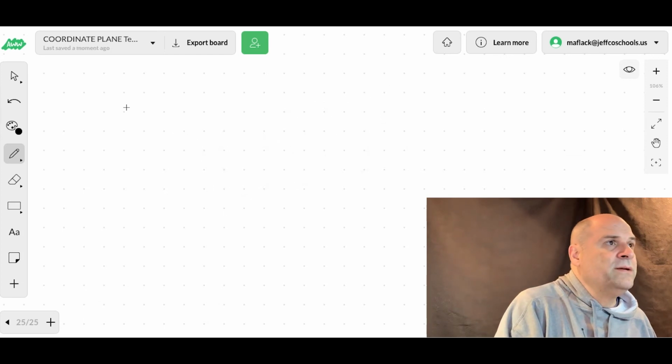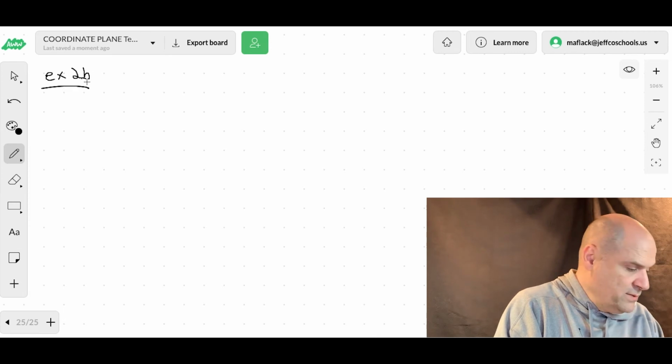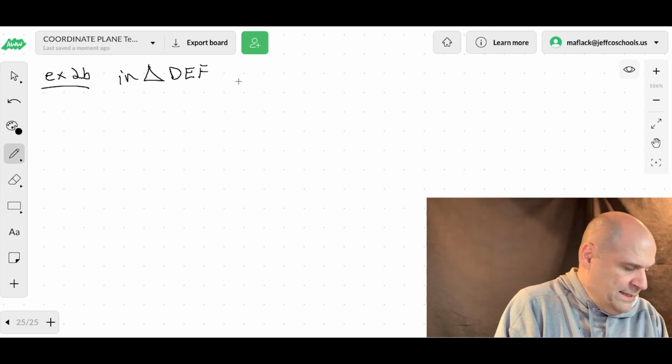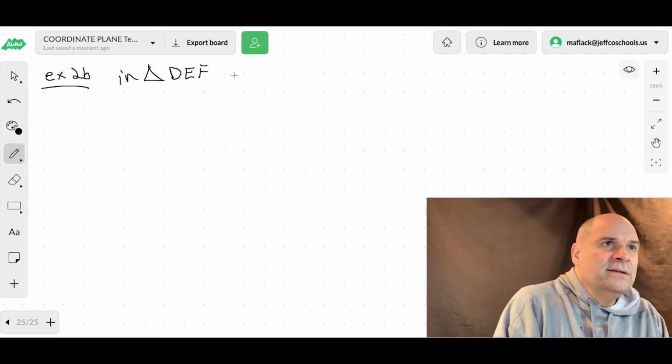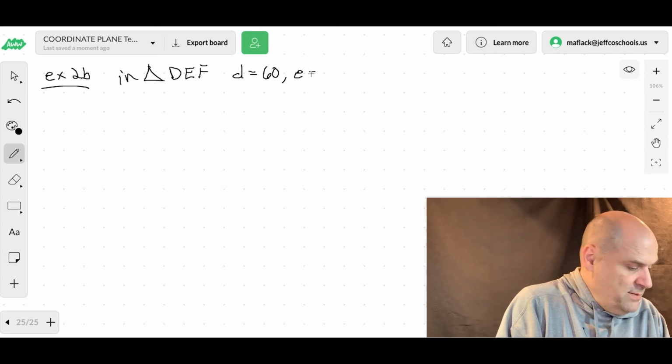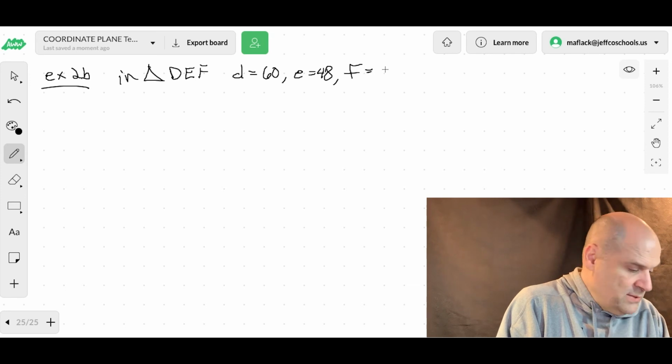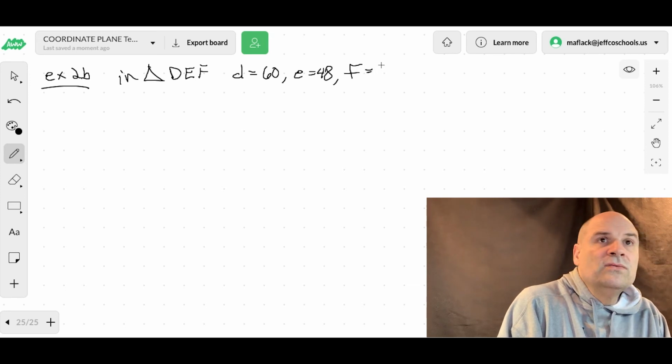So let's write it right here. Example 2B. Here's what it says. In triangle DEF, which they don't show us, I like seeing it, D equals 60, E equals 48, and F equals 14.